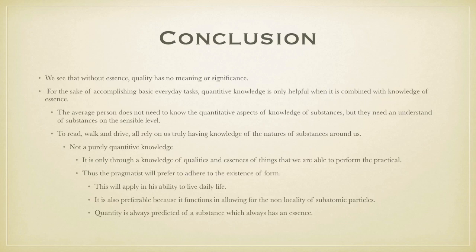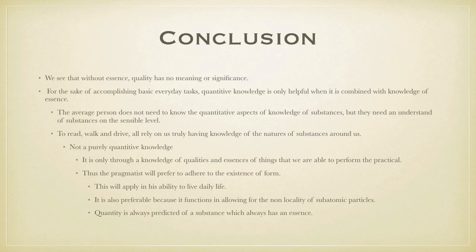Therefore, the pragmatist will prefer to adhere to the realist position. This very system provides the knowledge he needs to understand the external world and live his daily life. If he does not acknowledge quality and essence, he will not be able to make it through his daily chores.